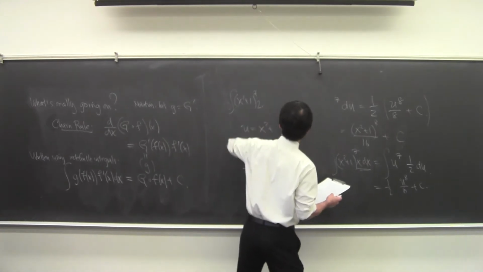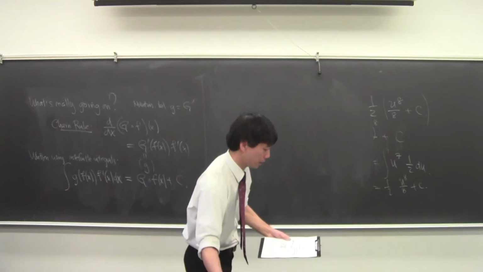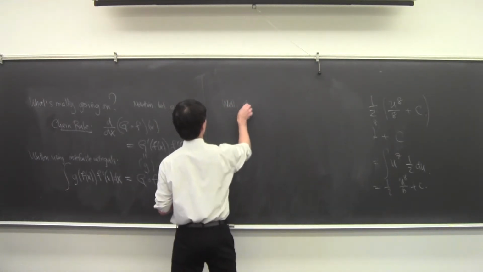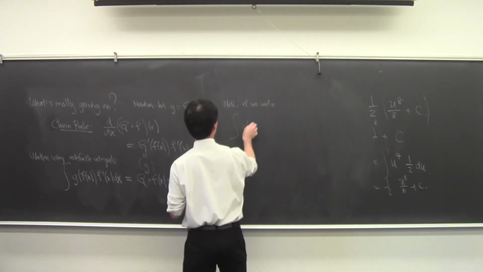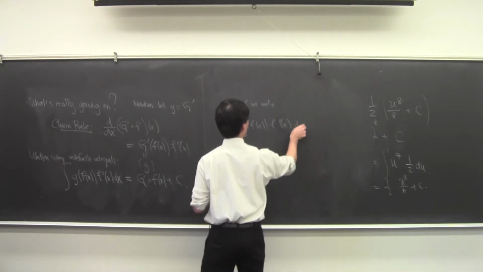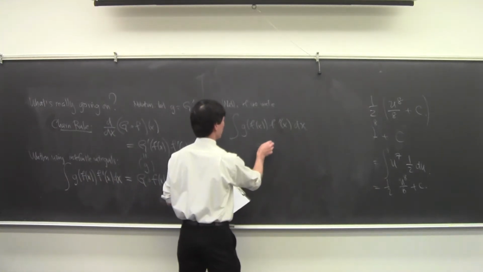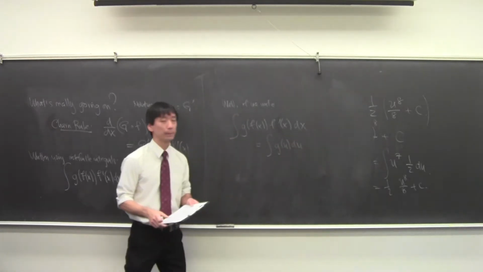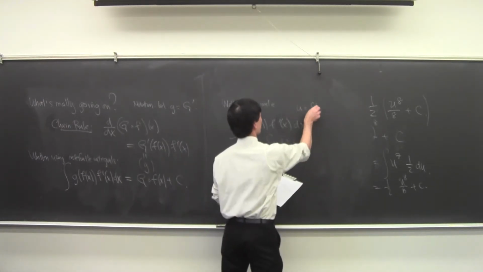So, okay, so, well, if we write the integral of, if we write this as the integral of g of u du, right, we let u be f of x.